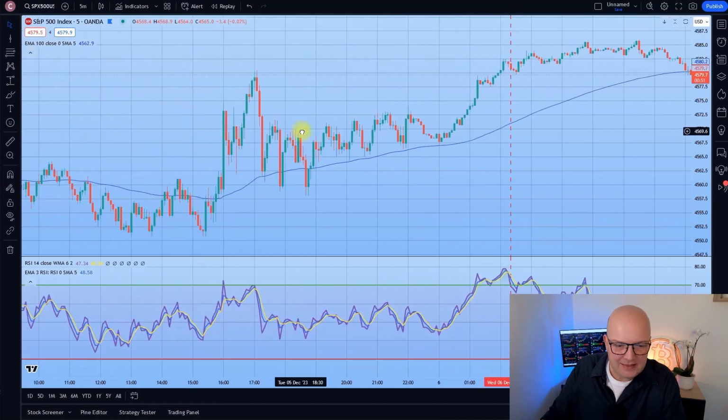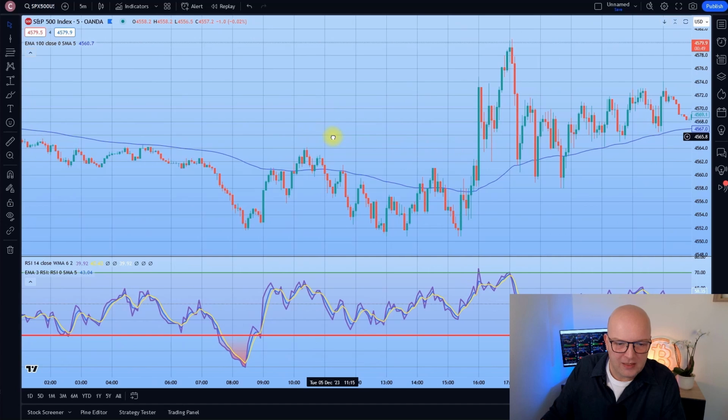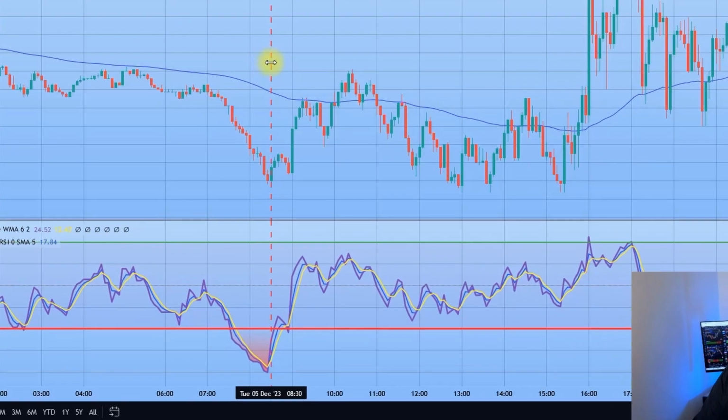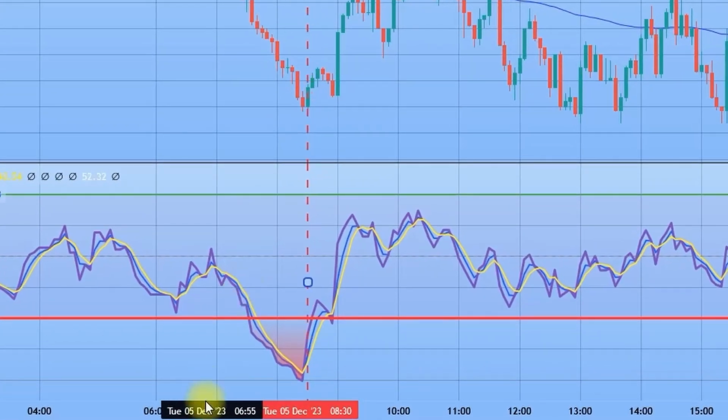Let's have a look at a case that is more clear signal wise. I go back here a little while, and this is a trade that I took myself. Again, we have the RSI under 30, in this case going almost all the way down to 0. It crossed its moving averages with a hook. RSI and the moving averages were still underneath 30.